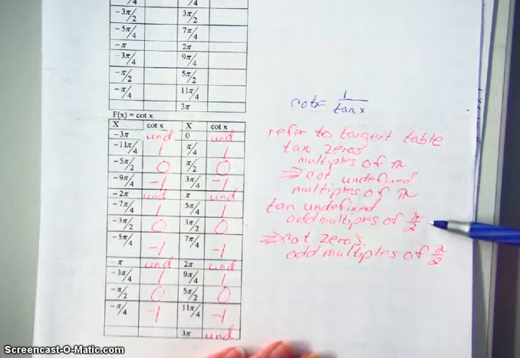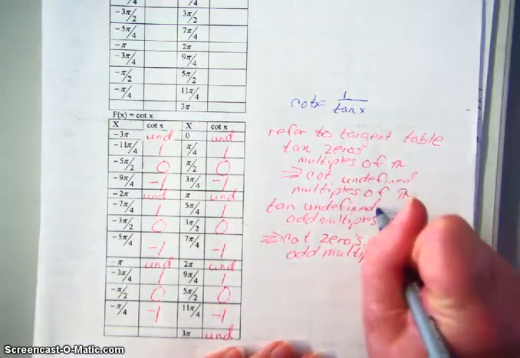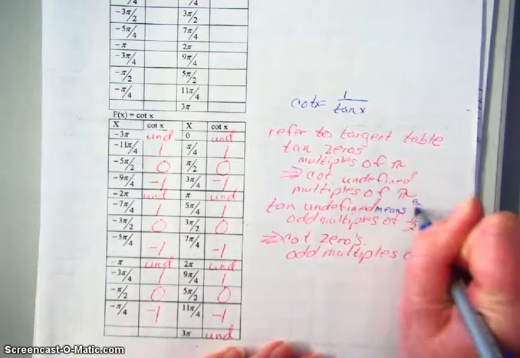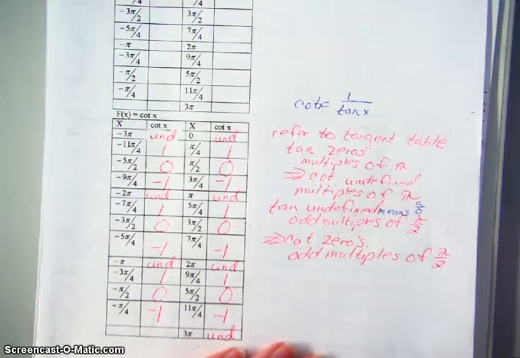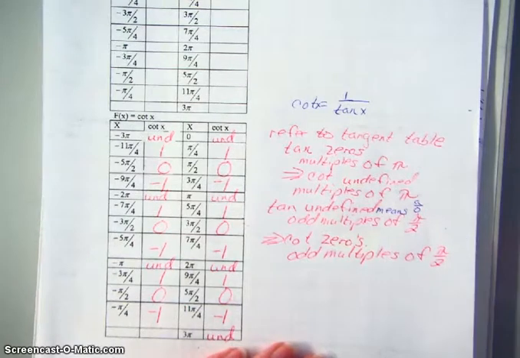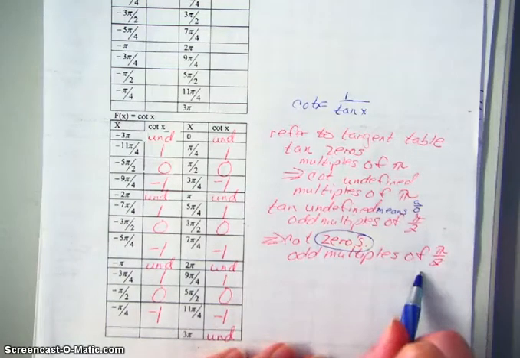The reciprocal of this undefined means that it's something divided by 0. If you take the reciprocal of something divided by 0, you get 0. So therefore, cotangent has zeros at odd multiples of pi over 2.